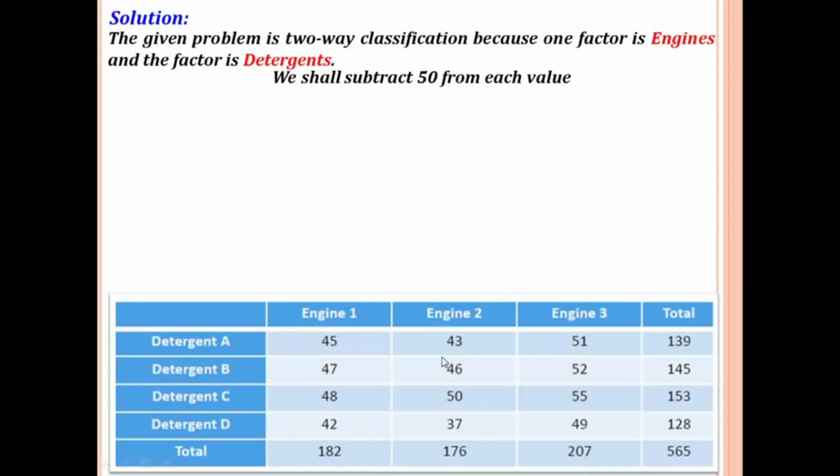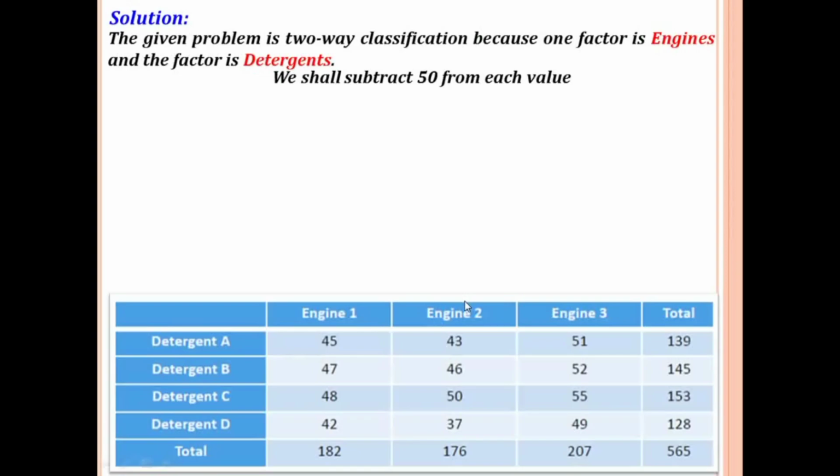Which means we can add a fixed number to all the observations, or subtract a fixed number from all the observations, or multiply all the observations by a fixed number, or divide all the observations by a fixed number. We can choose any one operator: addition, subtraction, multiplication, or division.